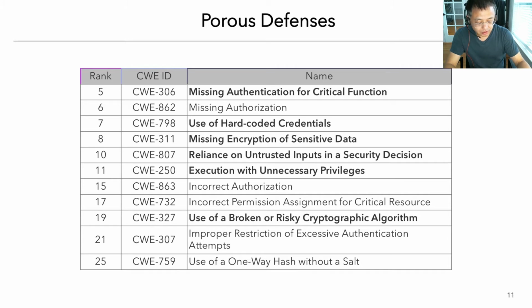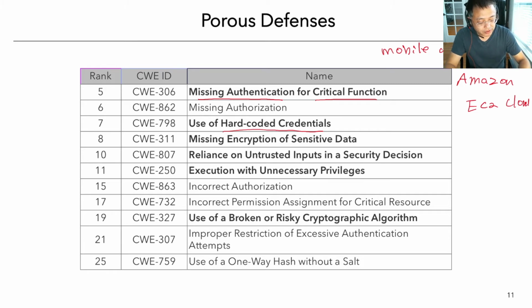So there are also porous defenses. For example, missing authentication for a critical function, or use of hard-coded credentials. This is actually very common in mobile applications. If you think about this, say you have a mobile app and it uses Amazon EC2 cloud to store files.